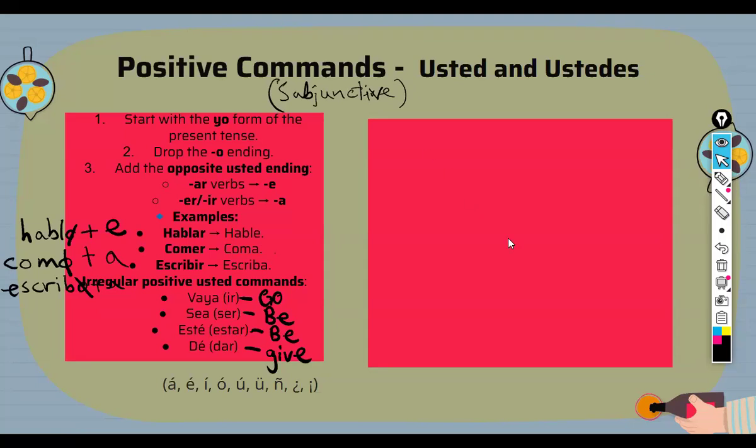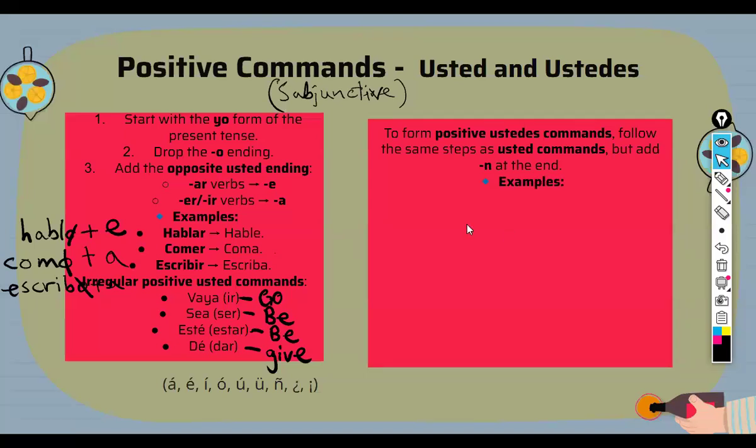All right, ready? Let's look at ustedes one time. So same steps as usted, but you're adding en or an, an N at the end, right? So examples, hablar becomes hablen.